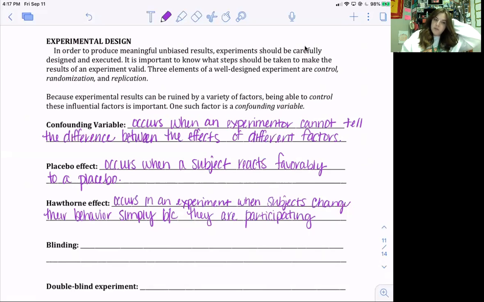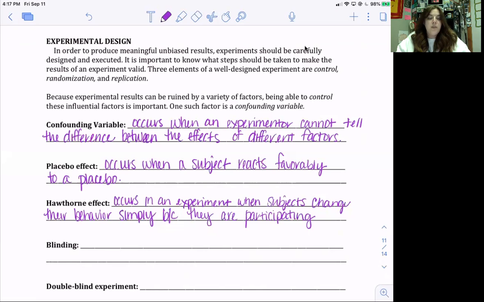An example would be an experiment about a diet pill, where a group receives a sugar pill and the person receiving the sugar pill starts actually losing weight. The Hawthorne effect is when, in your experiment on the diet pill, subjects are suddenly working out more or eating healthier simply because they're participating in this.